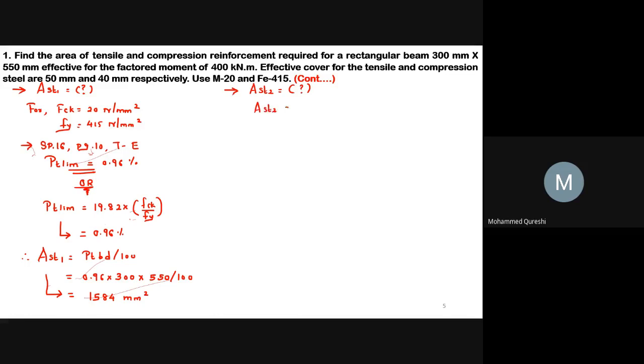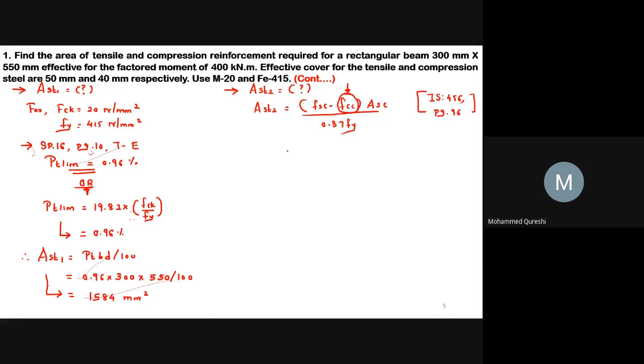So AST2 will be equals to (FSC minus FCC) into ASC upon 0.87 Fy, as this equation is given in IS 456 2000 page number 96, and in this equation that is given in the IS code, the value of FCC has been neglected, but we have to consider the value of FCC.